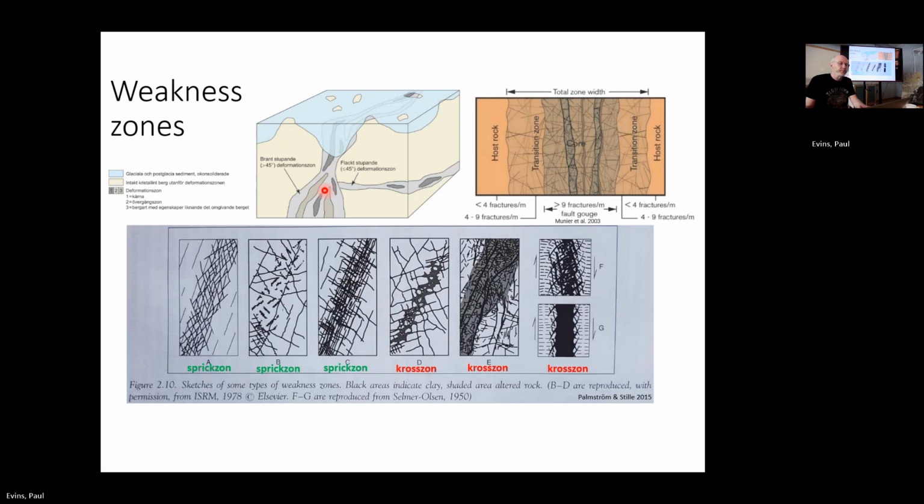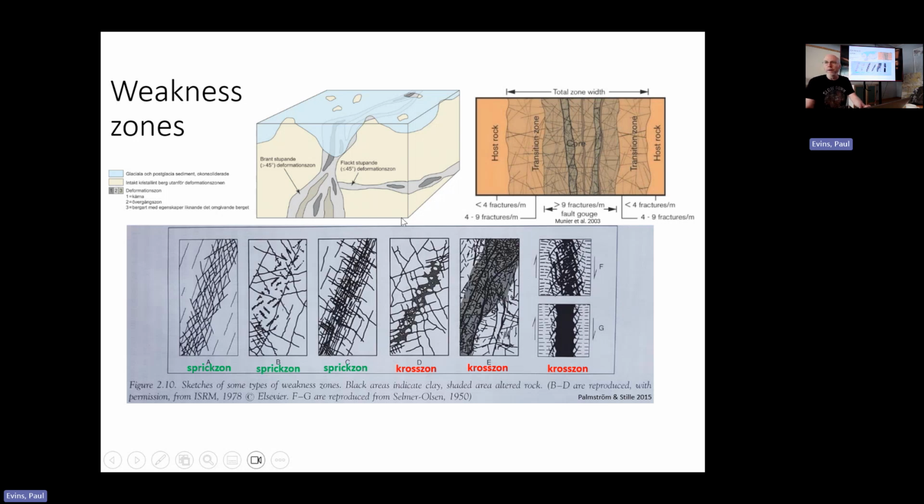If we look closer into that, SKB has tried to quantify it in a better way by looking at fracture frequency, fractures per meter. So there's the host, and then in the transition zone we have 4 to 9 fractures per meter, and within the core we have more than 9 fractures per meter. And even within the core, you have fault gouges here, so even thinner features. That's one way of talking about weakness zones.